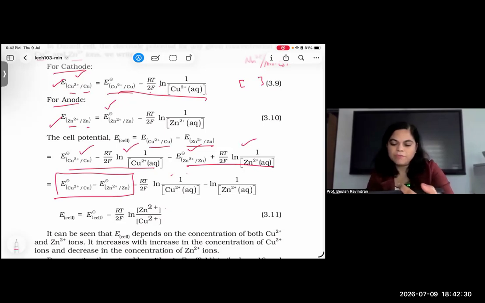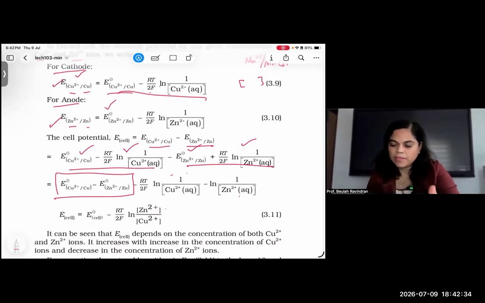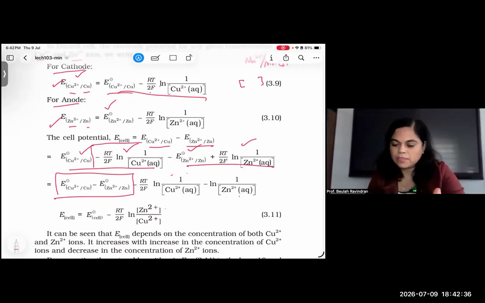If you take minus outside, then it becomes positive and then negative.